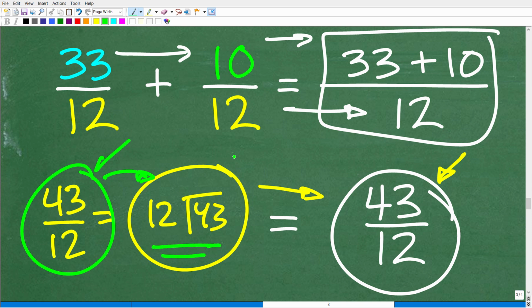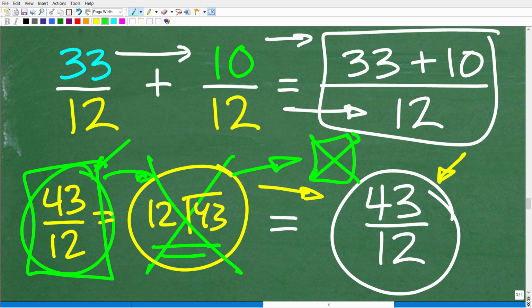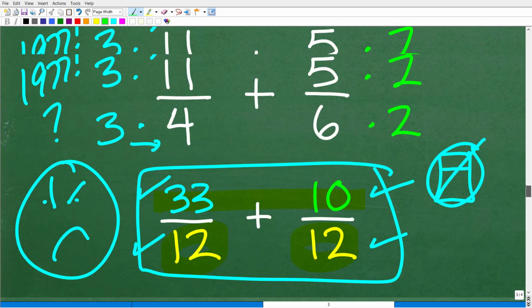So they do the division and then they make mistakes and turn in the wrong answer. So unless you're being told to do that by your math teacher or the instructions on a math exam, do not do that. Just fully simplify your improper fraction and you'll be good to go.